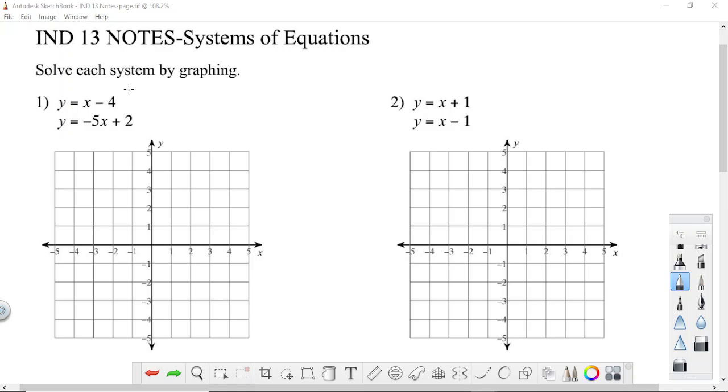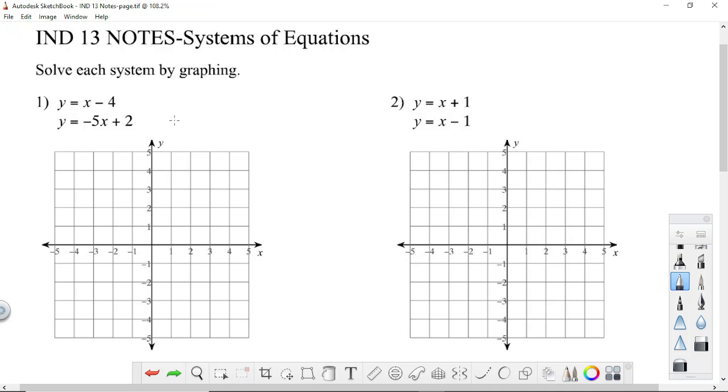Remember, the line that we get to graph is just a graphical representation of all the ordered pairs that make up that line. And when we graph the other line, that's a graphical representation of all the ordered pairs that make up that line. So where they cross, that's an ordered pair that's on both lines. That's an ordered pair that satisfies both equations.